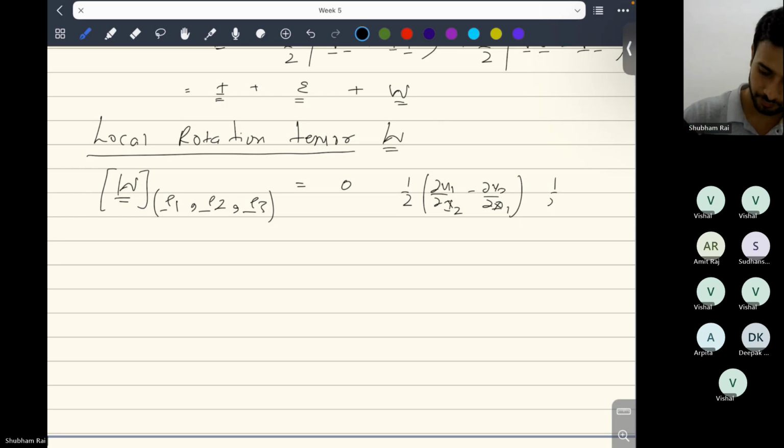The third term will be half of del u1 by del x3 minus del u3 by del x1.